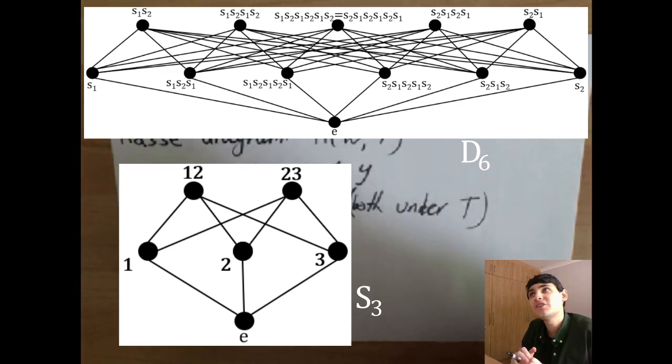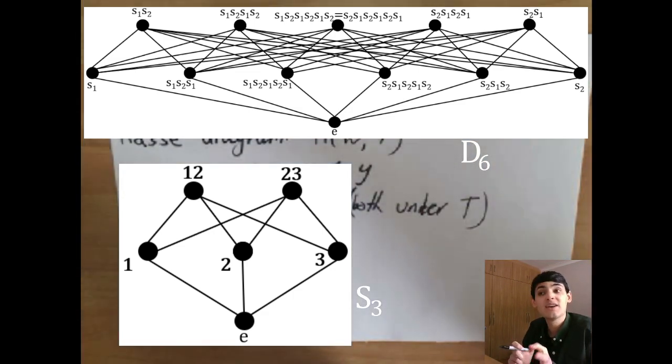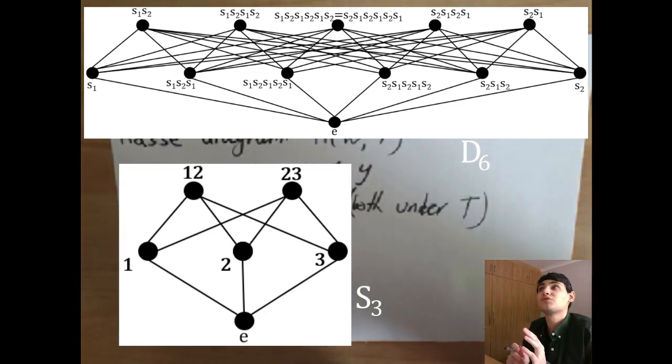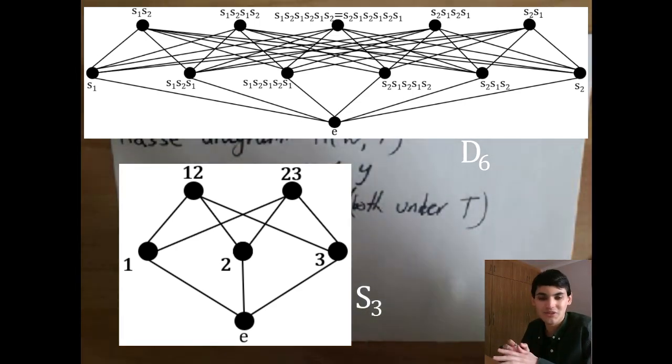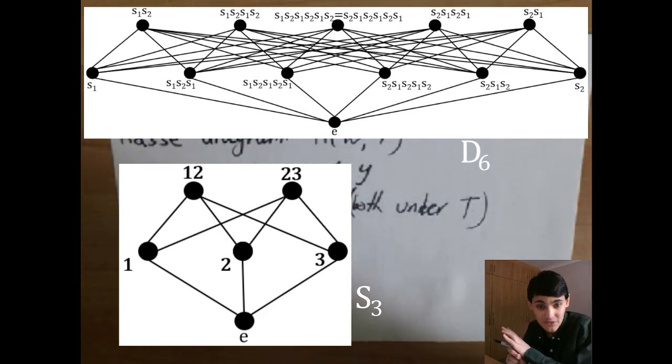I did consider using S5, but because permutation groups grow factorially, if I used S5, I'd have to draw 120 (5 factorial) nodes, and then all of the connections between them under the absolute order, which frankly I did not want to do. But you can see just as clearly what happens under the absolute order with S3.